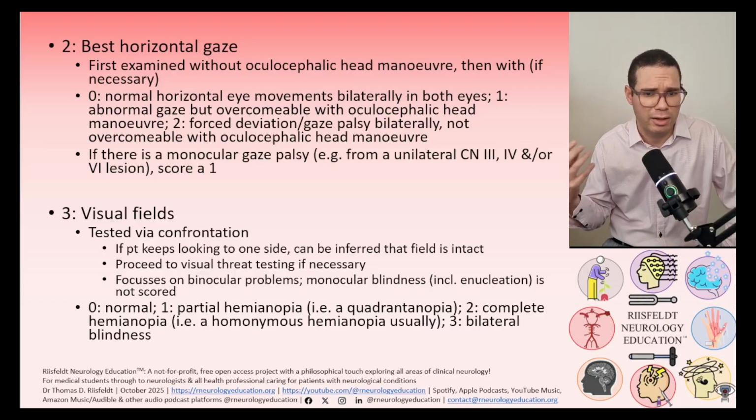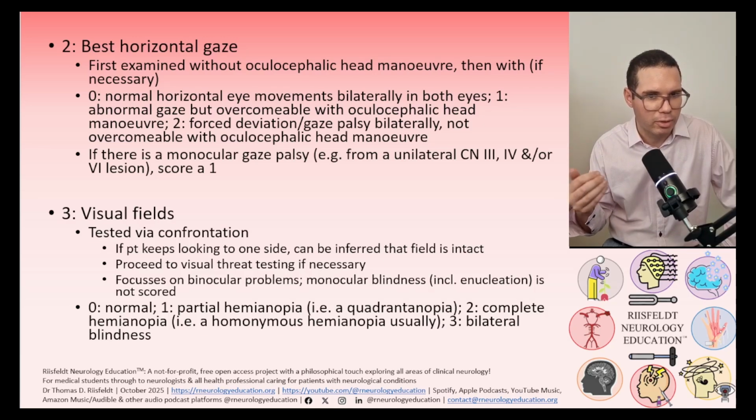And especially if the patient's had an acute stroke and they're confused, it may just be impossible for them to follow that instruction. Conversely, you are allowed to infer that the visual field is actually intact if they are consistently correctly deviating their eyes towards the side of the field that you were testing.